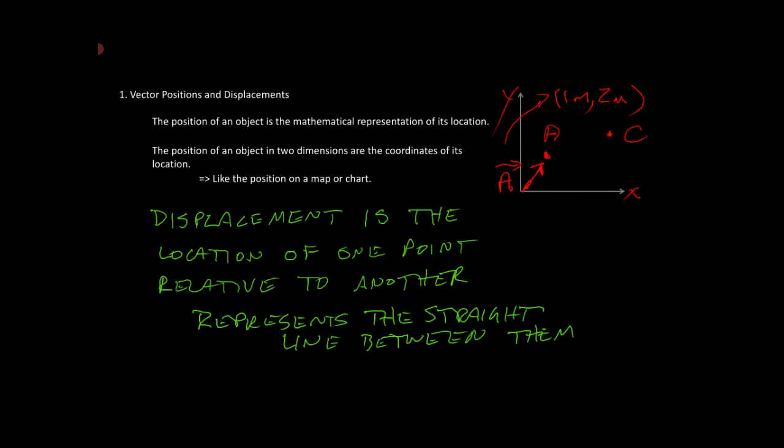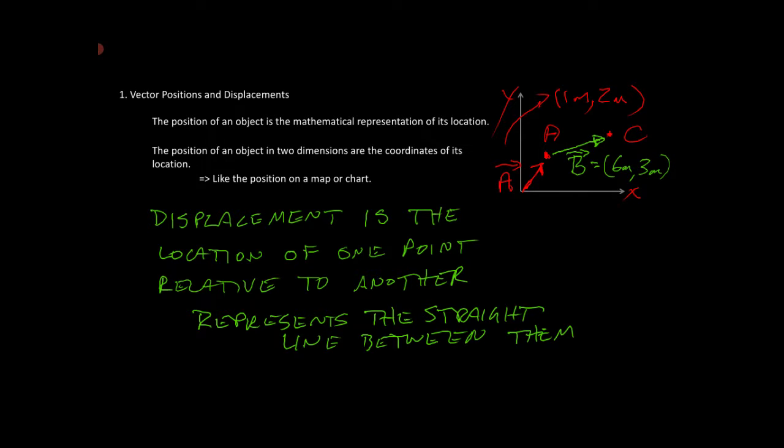That means it represents a trip, basically. If you take a trip from A to C, you travel there through the displacement vector b, which also has some expression. Here we'll say 6 meters, 3 meters.